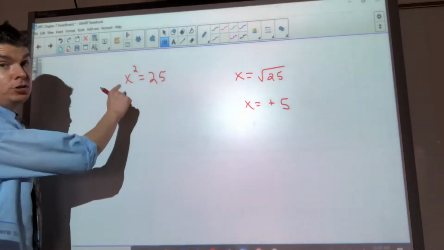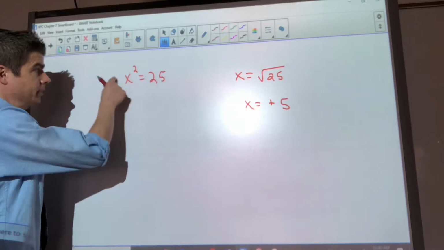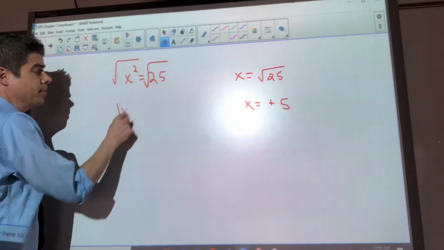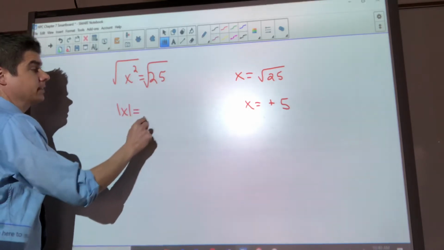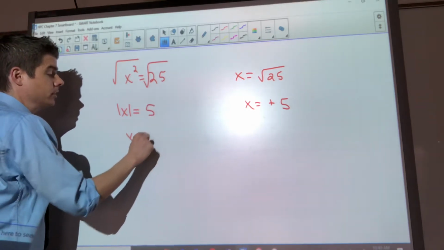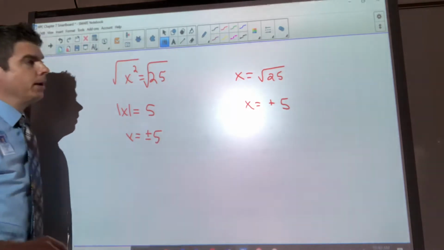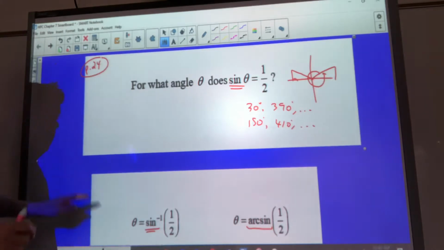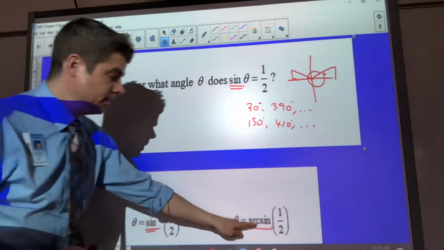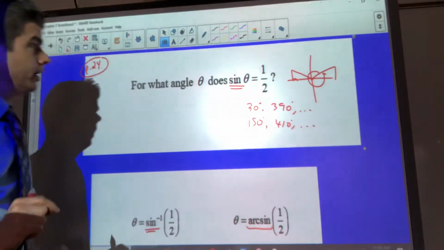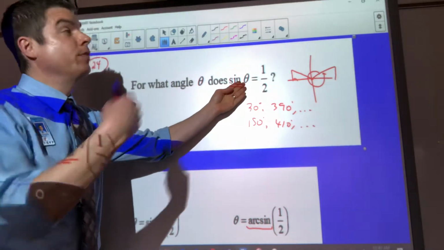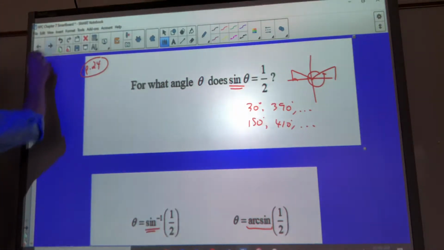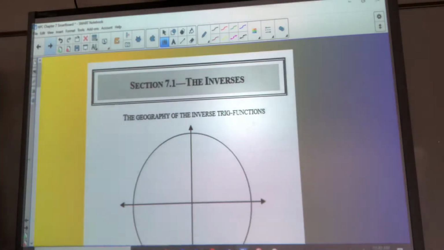If I have to introduce a square root to this, then I need to think about that as the absolute value of x is equal to 5. And I actually get two answers. So I want you to compare that. If the inverse trig function's already there, it wants the principal root. Otherwise, if you would have to introduce it, then you get all possible solutions. Okay, so now we'll go to page 24.